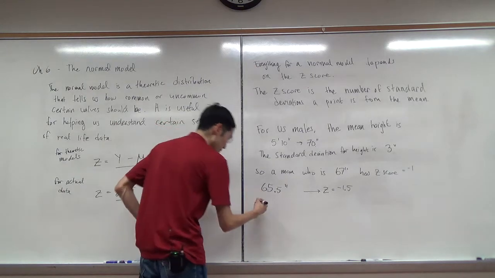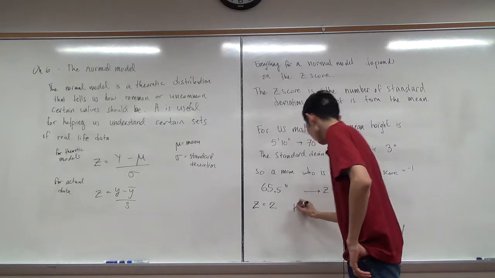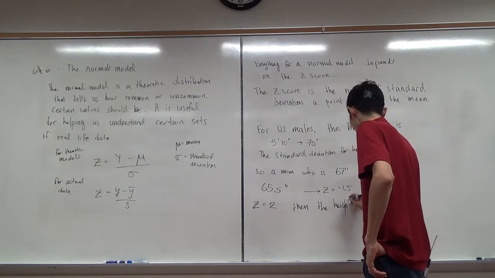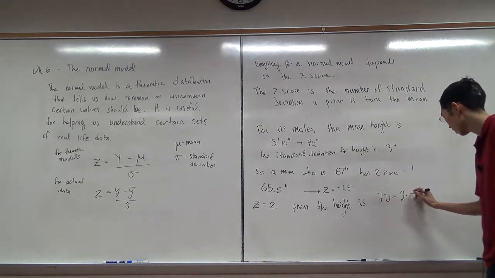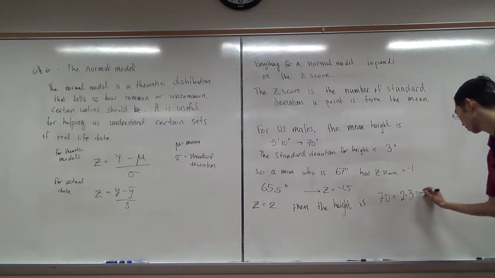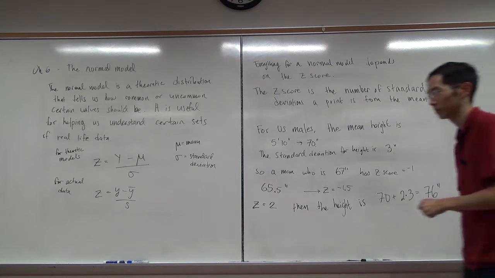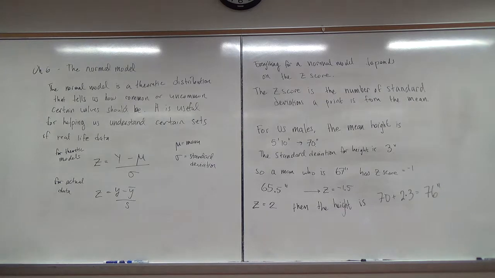Okay, so if z is equal to positive 2, then the height is 70 plus 2 times the standard deviation, so 76 inches. 6'4". We feeling good? Okay, great.